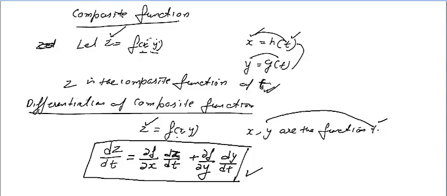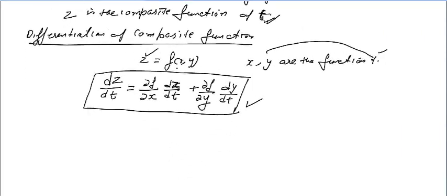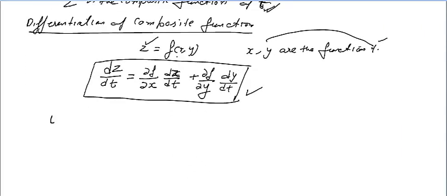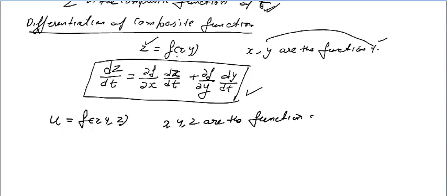Okay, so sometimes the function is depending upon three variables. Let us suppose you have a variable u which is a function of x, y and z, and x, y, z are functions of t.